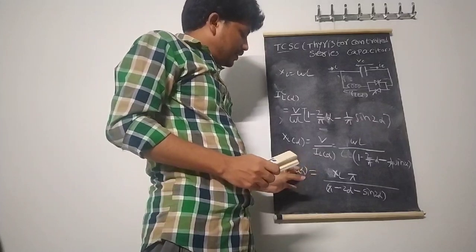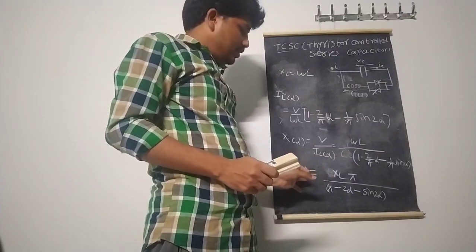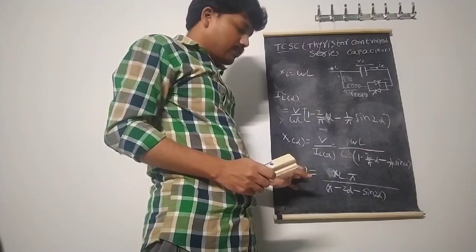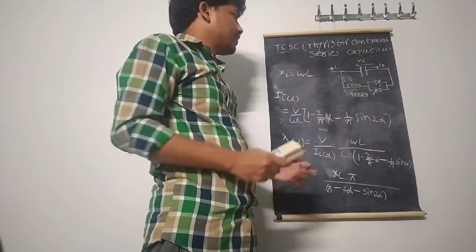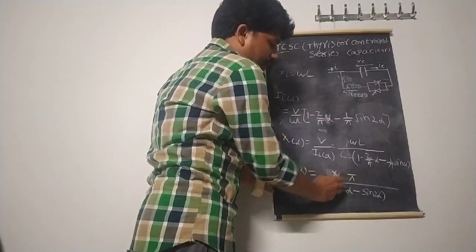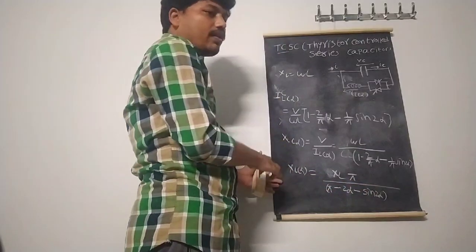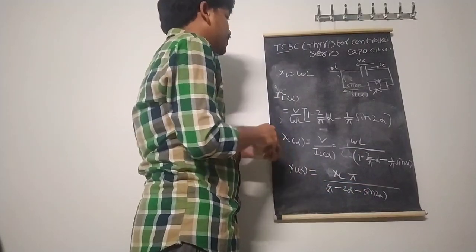So in that equation we can determine the maximum value and the minimum value of inductive reactance. ఈ ఈక్వేషన్ నుంచి మన XL of alpha అనేది XL into pi by pi minus 2 alpha minus sin 2 alpha. Then we can determine the minimum value of reactance as well as the maximum value of reactance.